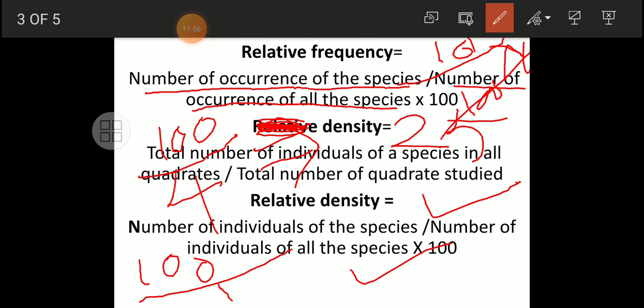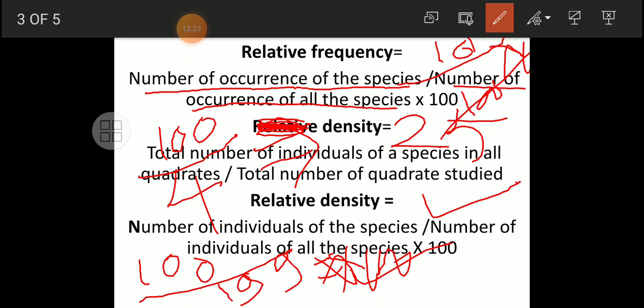Suppose 199 is there, multiplied by 100. That is the relative density of Parthenium hysterophorus. Density is only the number of individuals divided by the quadrats in which it occurred, that is equal to 25. So this formula you have to always keep in mind.